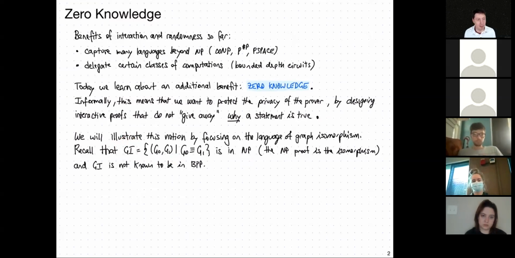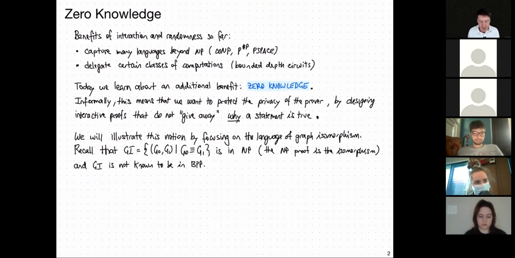And it's in NP, because if I want to prove to you that two graphs are isomorphic, I can just give you the permutation that scrambles the vertices, and you can go edge by edge and verify that if you take an edge in G0 and map it into G1 under the permutation, that new pair of vertices is also an edge, and vice versa.